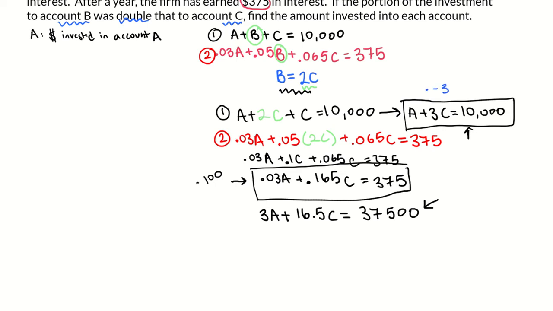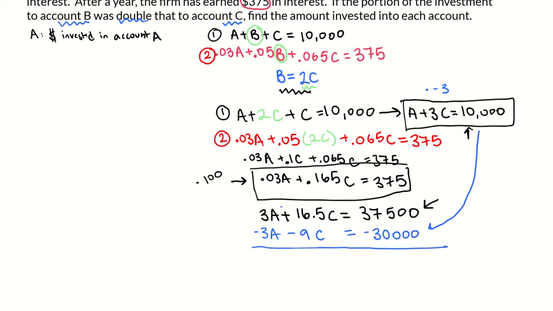If we do that, we would have -3A minus 9C equals -30,000. Then we add the equations together, eliminate A, and we get 7.5C equals 7,500. Then divide by 7.5 on both sides, and we get that C is equal to 1,000.